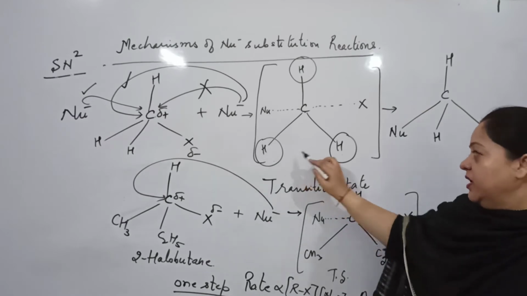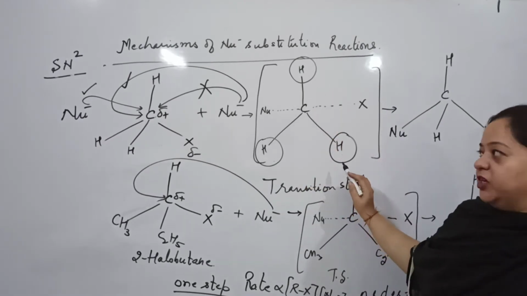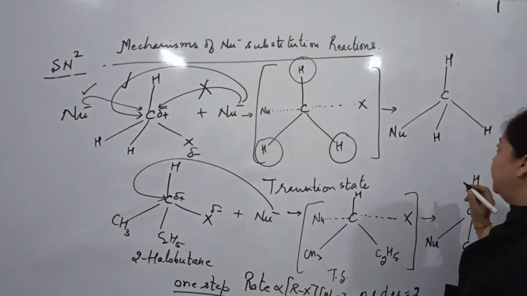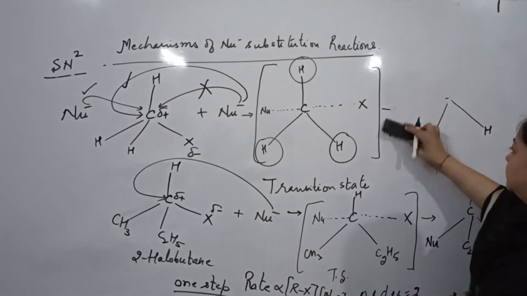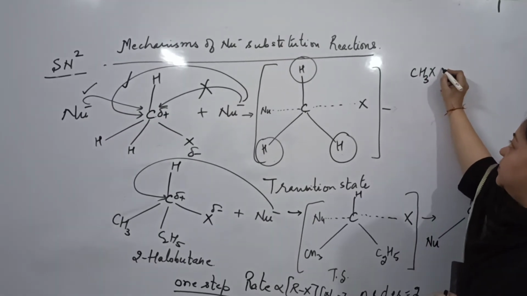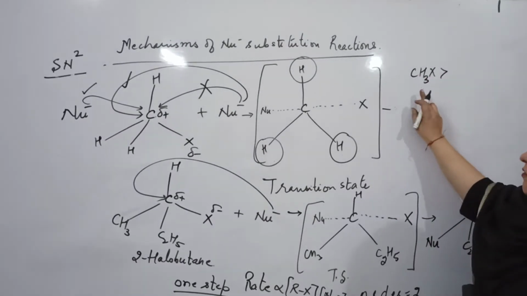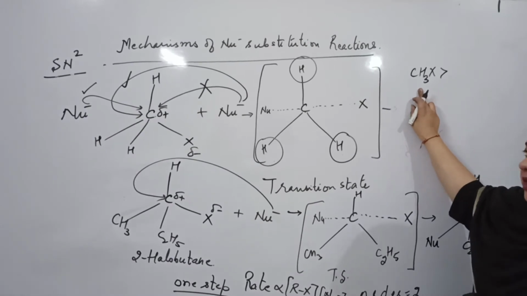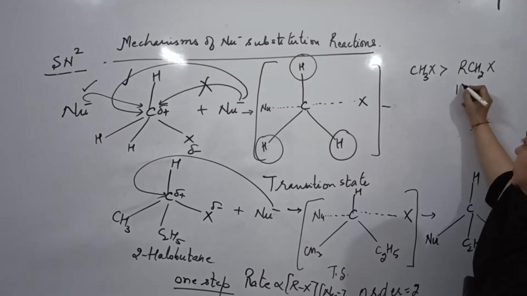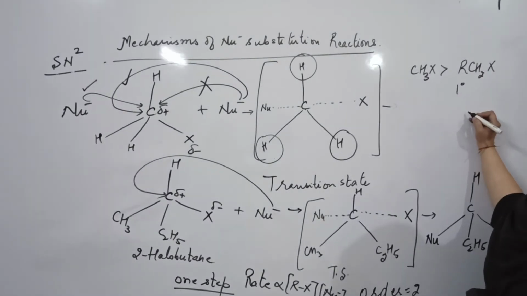So the larger these groups, the less the reactivity towards the SN2 mechanism. The simplest alkyl halide, that is methyl halide, is most reactive. When one of the hydrogens is replaced with an R group, that is RCH2X, this is a primary alkyl halide, and it is less reactive.